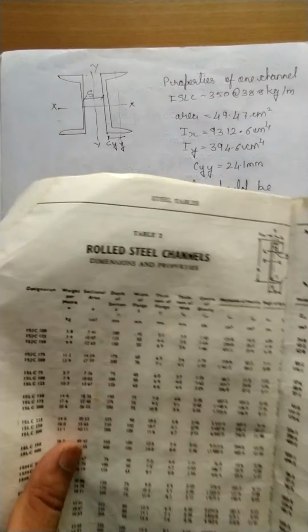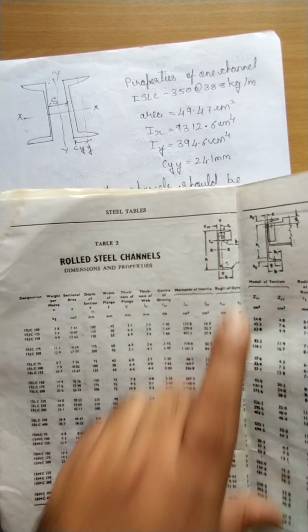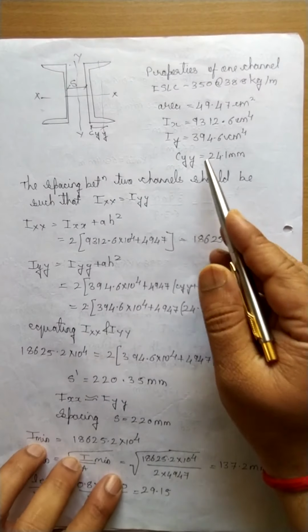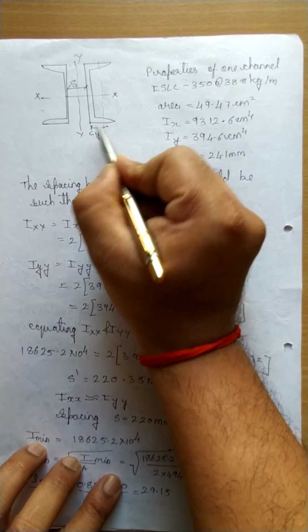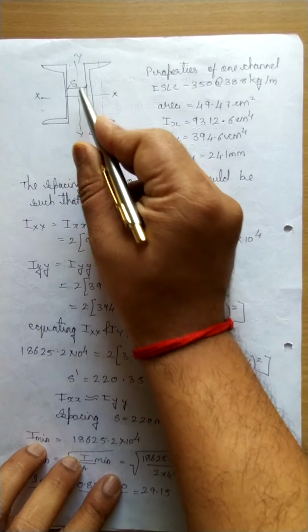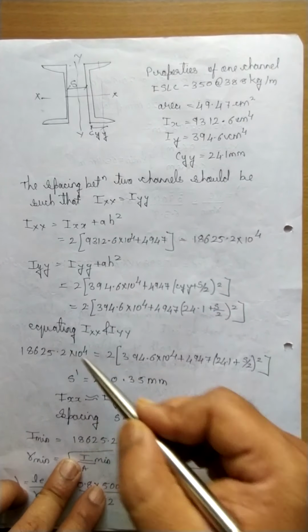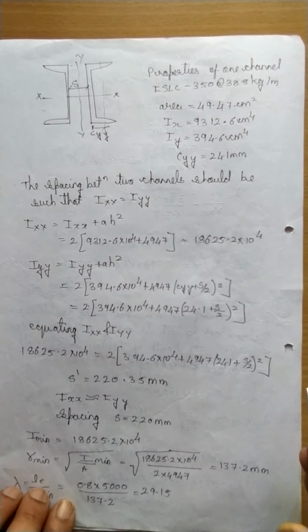So this is a single channel section and its CG is lying here. So this is the distance, the value of Cyy, that is the distance from here. So to reach here it is Cyy plus S by 2, the whole square. After equating we get S, which is 220.35 mm.